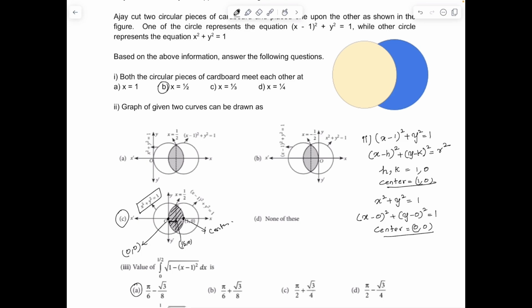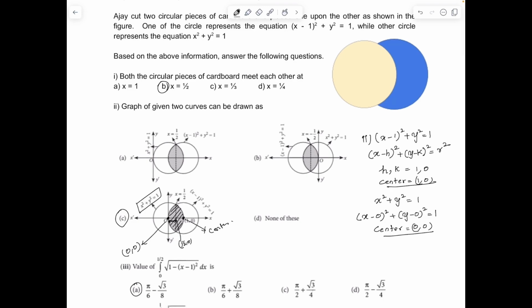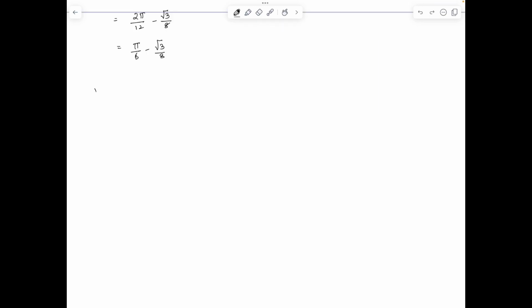Then the next part from half to 1 has been contributed by the circle x square plus y square is equal to 1. We can get the area of the first and the second quadrant and then double it up to get the area of the entire shaded region.